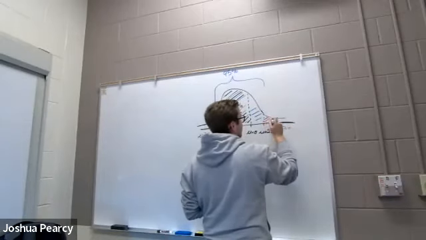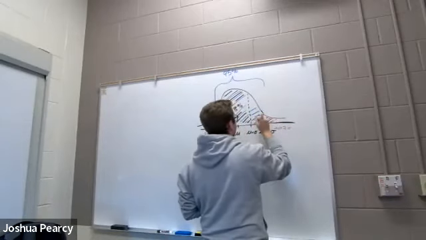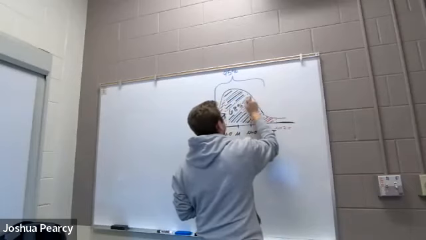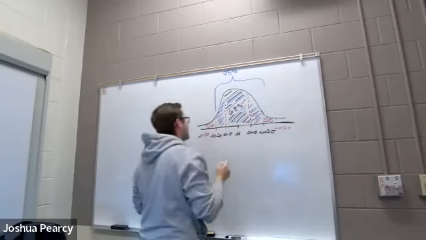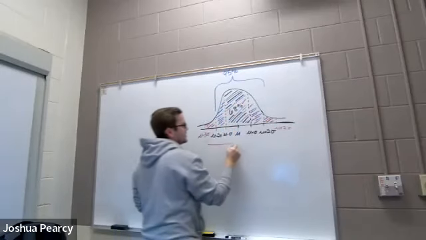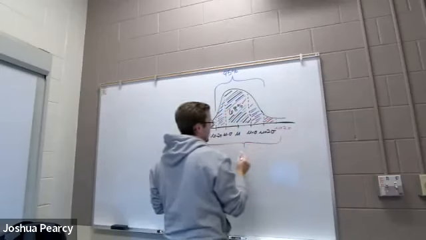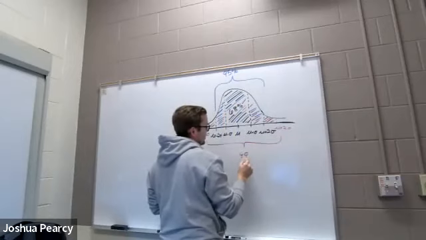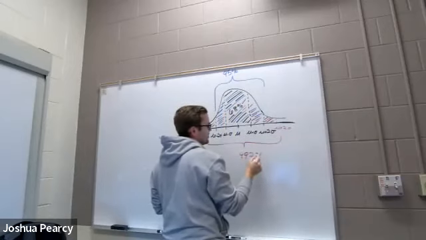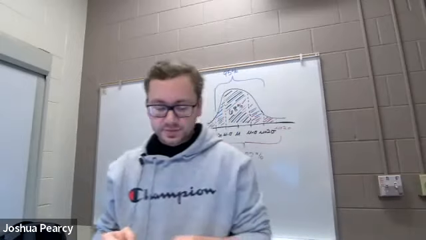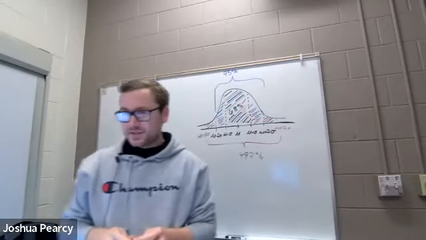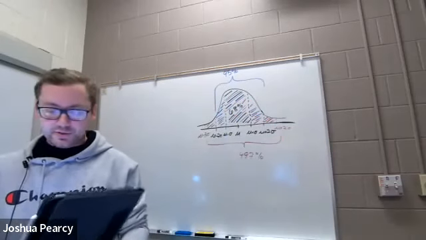So within that region here, so it's all of this, there is 99.7% of the data values that will fall within that. And that is for a normally distributed random variable.